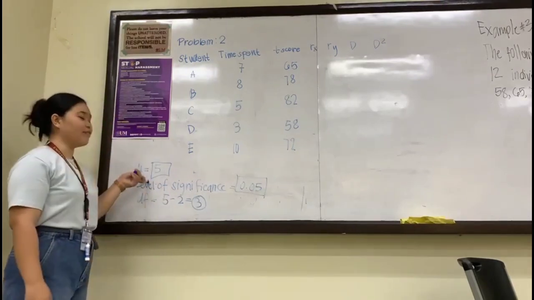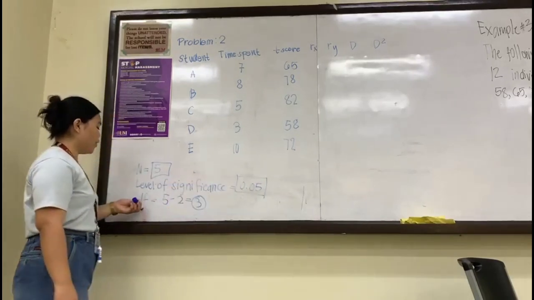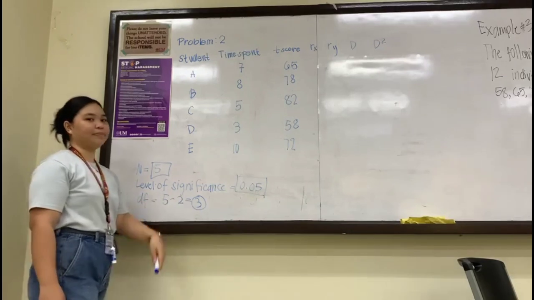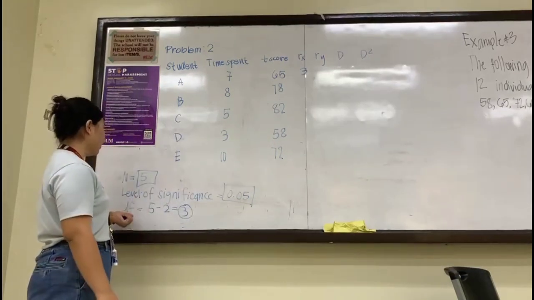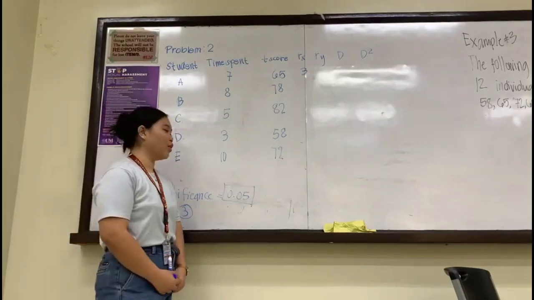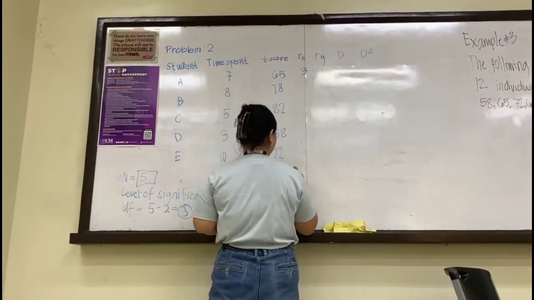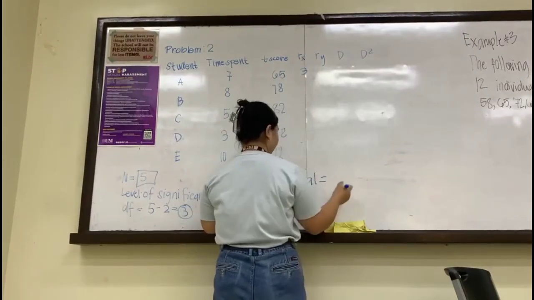Our n is 5, our significance level is 0.05, and we find our degrees of freedom is 5 minus 2 is equal to 3. After finding our degrees of freedom, we use our t critical table to find our t critical. So our t critical is equal to 3.3.